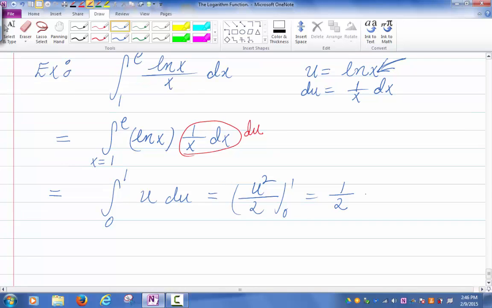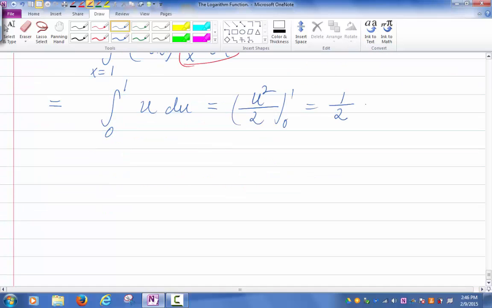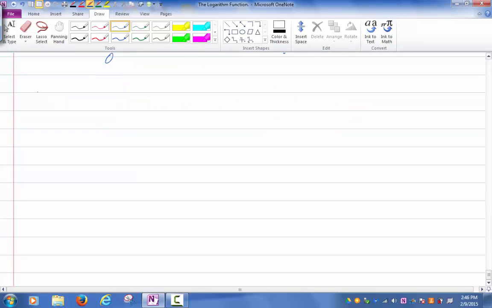Okay, let me go down. Let's find the integral of cotangent. Remember, when we know the integral of sine, we know the integral of cosine. Do I know the integral of cotangent?